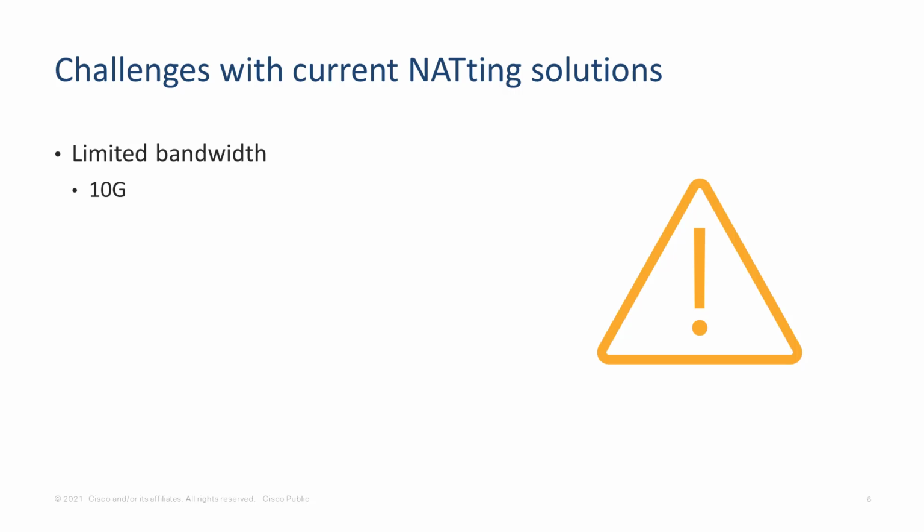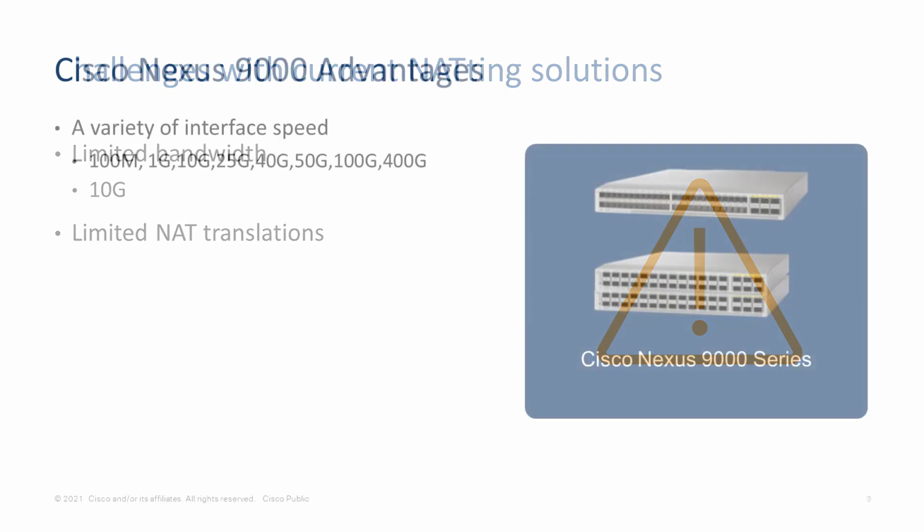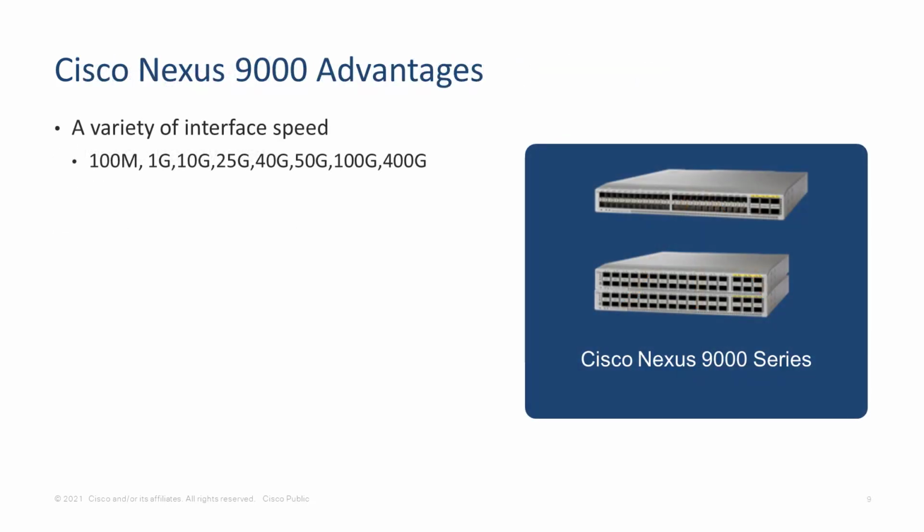And the number of translations, right? There was definitely a limit in the number of translations these external devices could handle. And of course, an external device just for that particular functionality also meant additional expense, both CapEx as well as from an OpEx perspective.